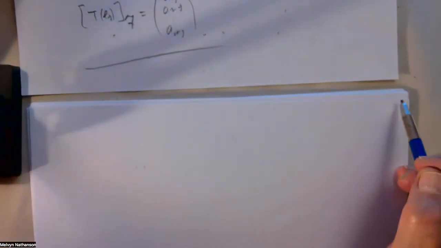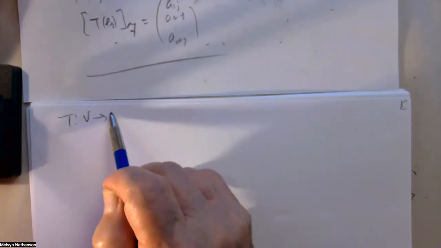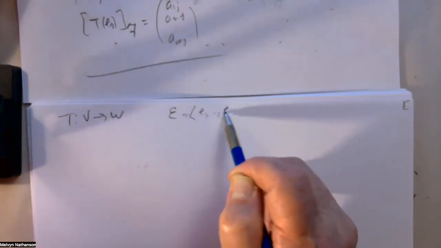So what we have is the following. Let me just repeat this on a new page. I have T from V to W. I have E, e1 up to en.